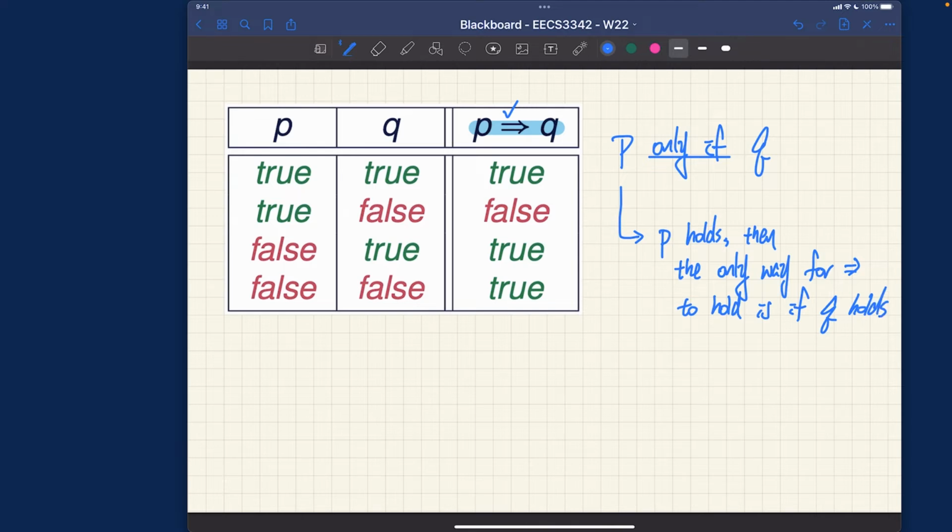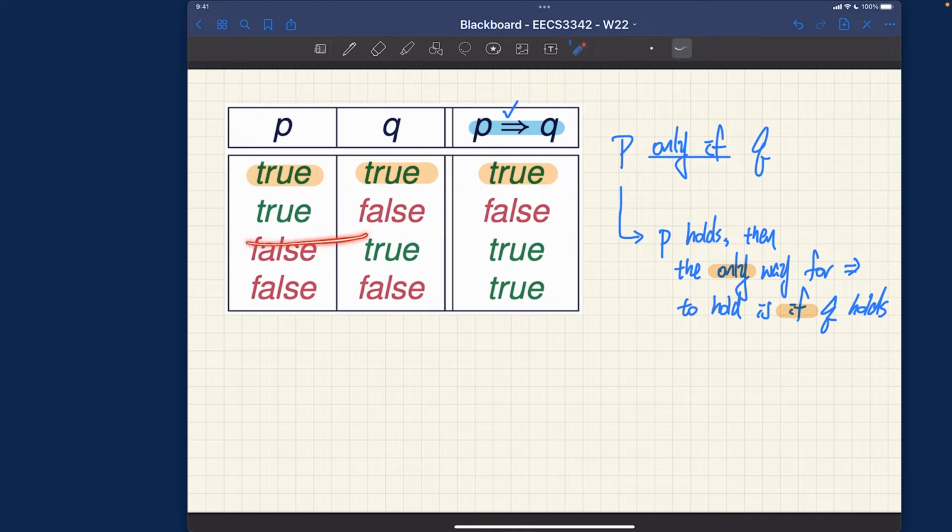I will highlight the corresponding rows in the truth table, but before that, you can see here the only way is if Q actually holds. That's why we got only if over here. So which two rows are we talking about? We are talking about these two rows. If P is already true, the only way for the final result to be true is when Q is actually true.